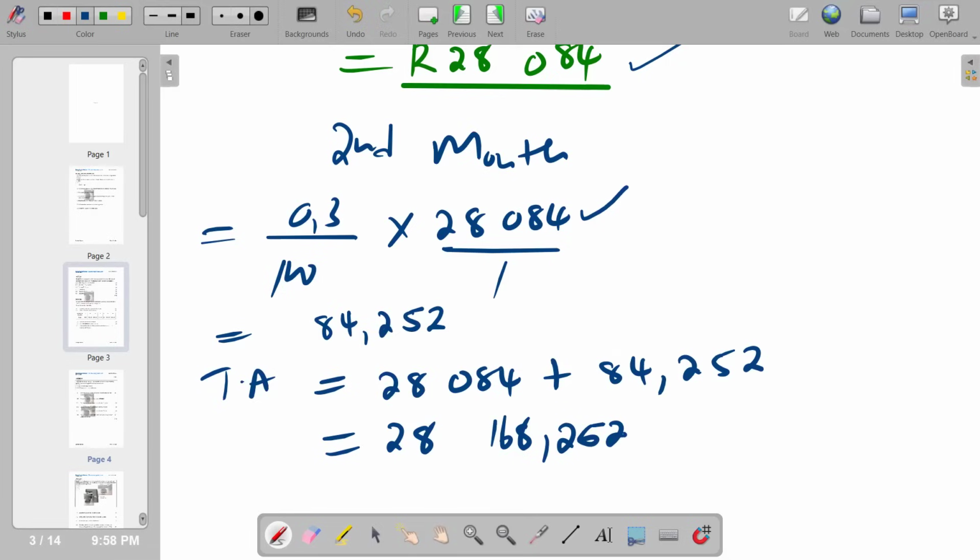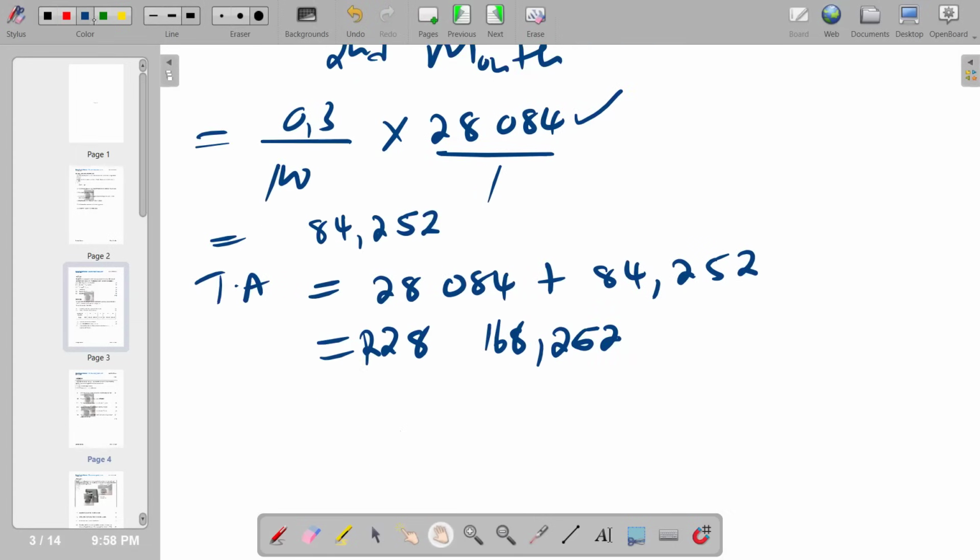So with that, it becomes 28,168 rands, 25 cents. So this becomes the total amount for the second month.